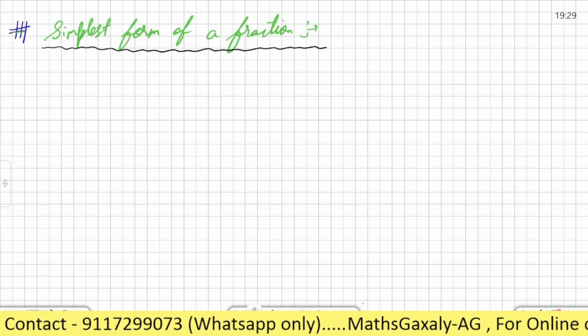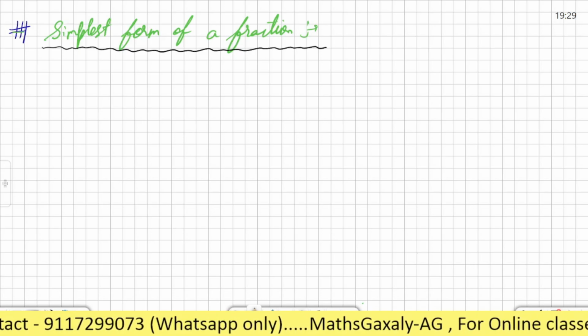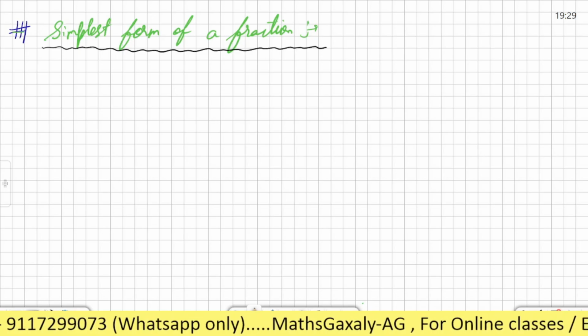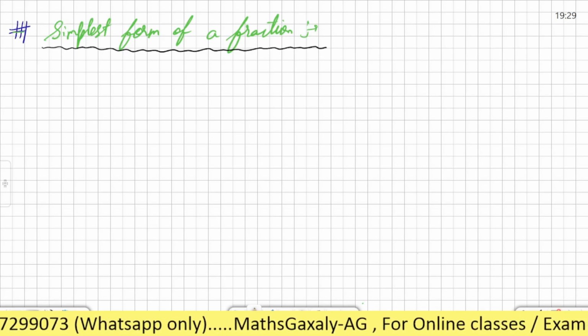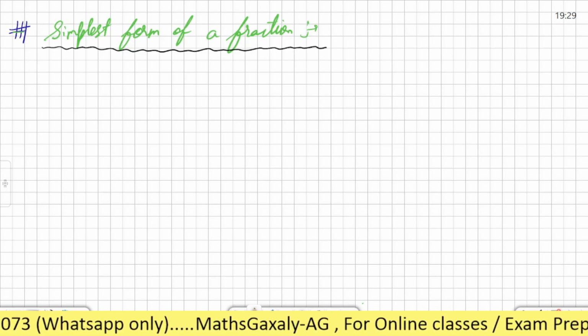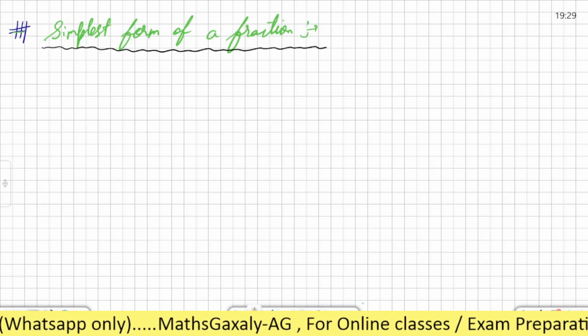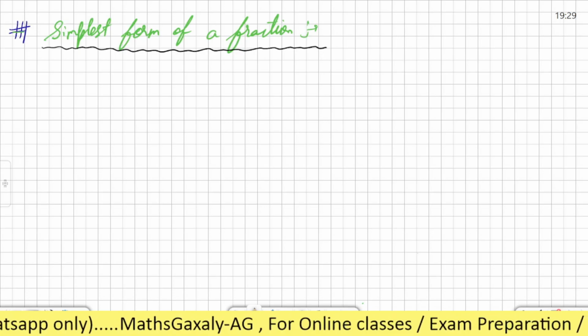Or we can say that when the numerator and the denominator do not have any common factor except one, okay? So that will be known as the simplest form of a fraction, right?